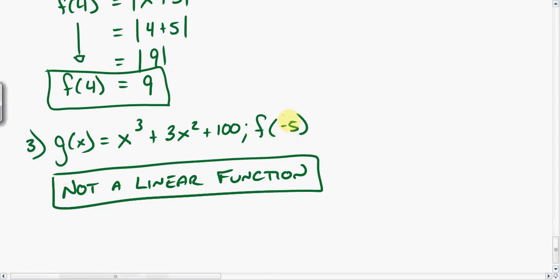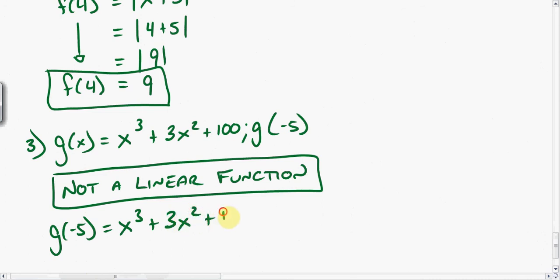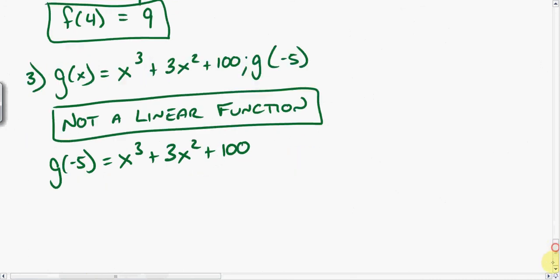Now we want to evaluate it for g of negative 5. To be consistent, this should be g, because I used g here, you will always have the same letter. So g of negative 5 equals x cubed plus 3x squared plus 100. I'm going to substitute the value of negative 5 in for x.